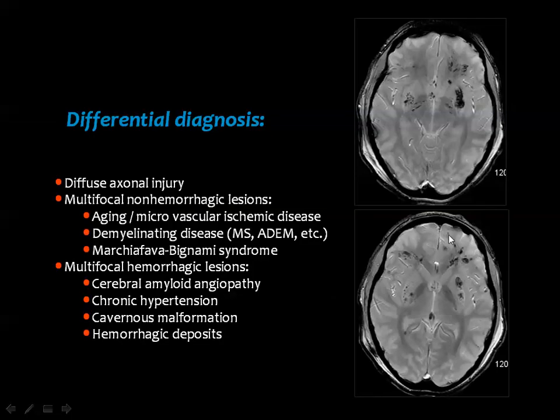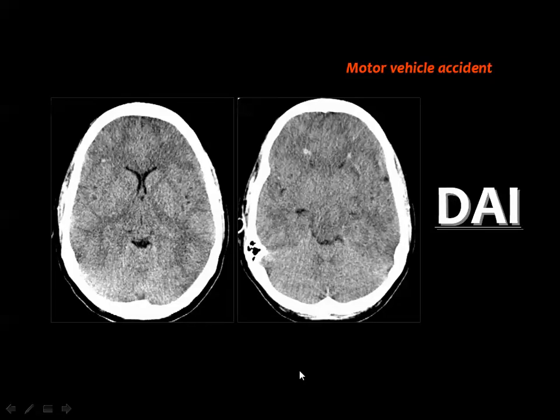Then you see multiple foci of low signal detected in the gradient images, and these foci usually represent blood, but also calcium may appear of low signal like this. This is a patient with motor vehicle accident.